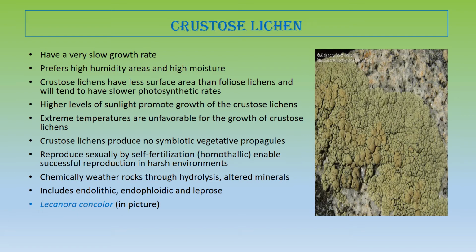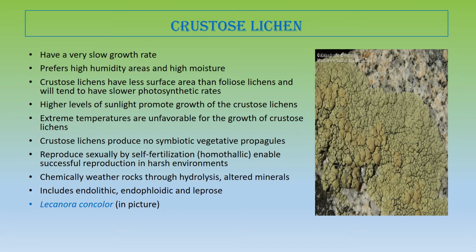Now, crustose lichens do not have any symbiotic vegetative propagules like soredia or isidia, but they reproduce by vegetative fragmentation, and they also produce carpogonium and spermatogonium.